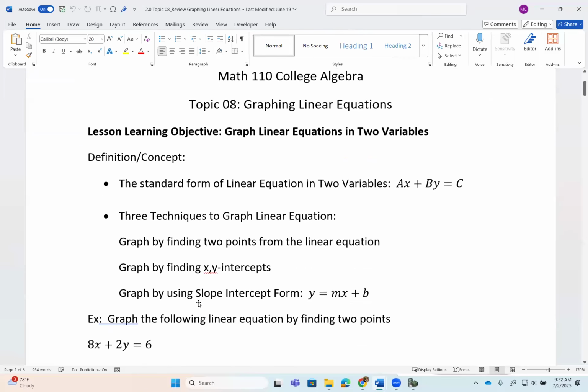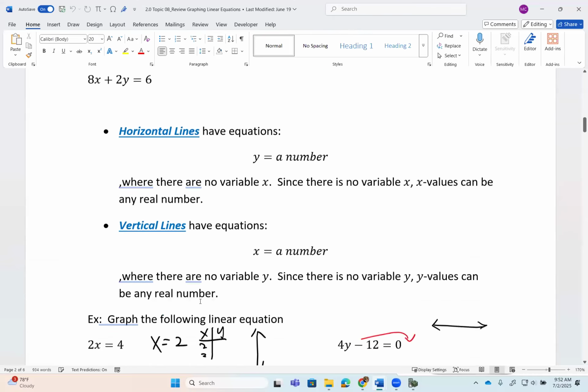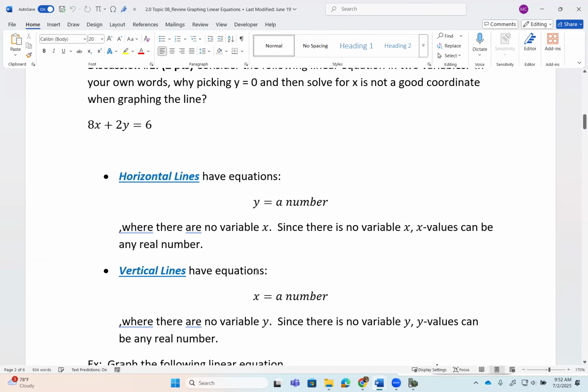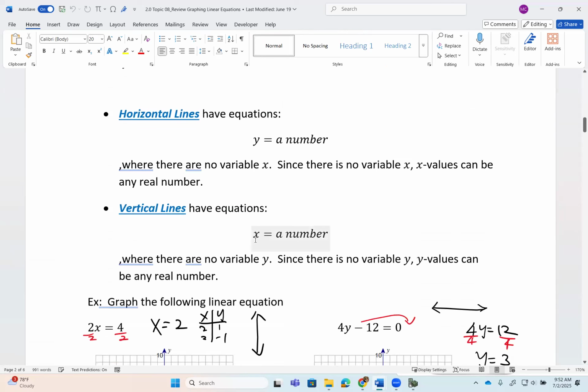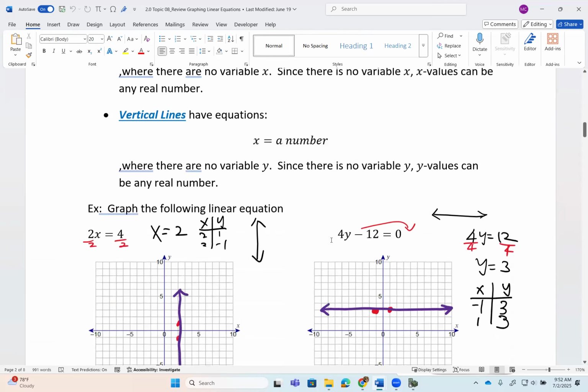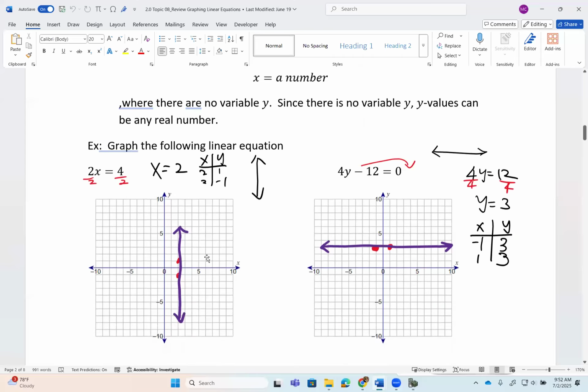This is something we already did. Vertical lines. On a vertical line, all the x values are equal to a number, right? All the x values are the same. So in this example we did back in topic 8, x equals 2, right? That means on this vertical line, all the x values are the same.